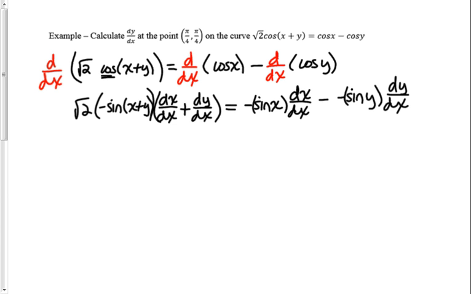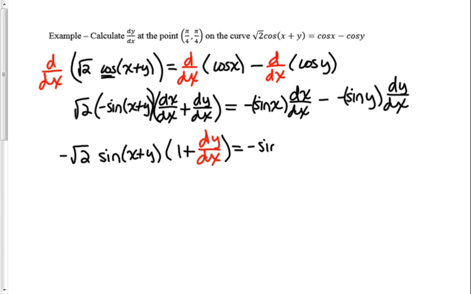So my first term, negative square root of 2 sine of x plus y times 1 plus, I'm going to write my dy dx in red because I want to highlight those, is equal to negative sine of x plus sine of y times dy dx.